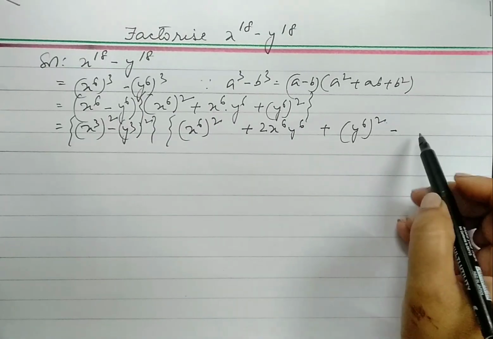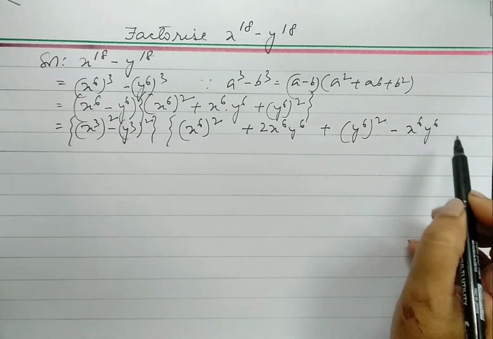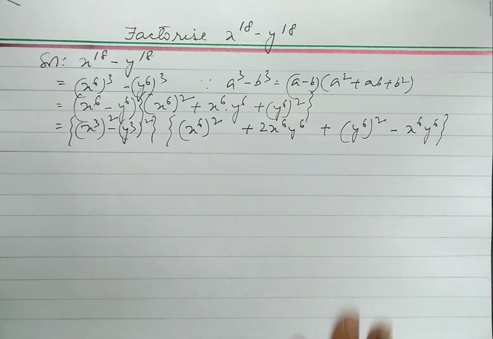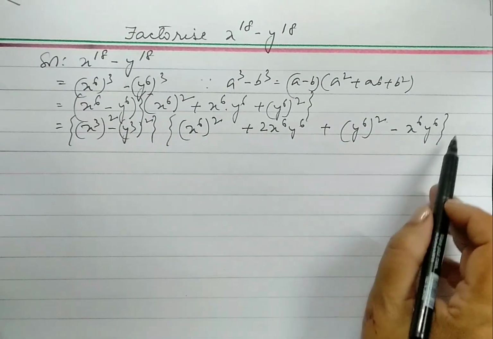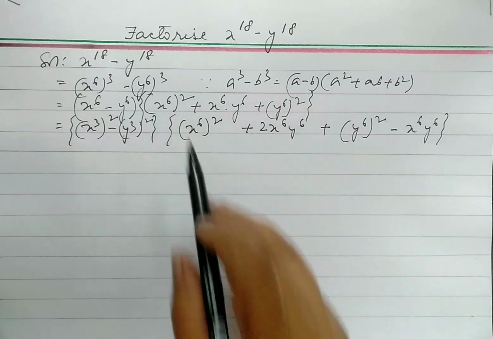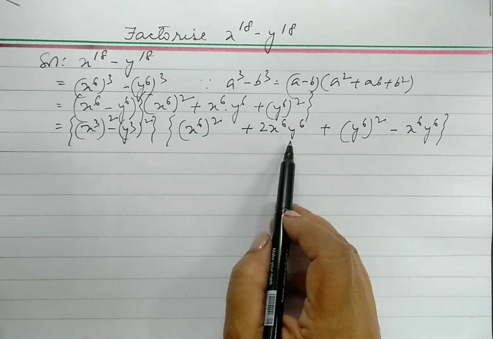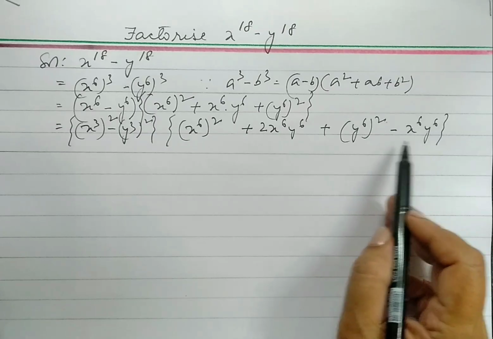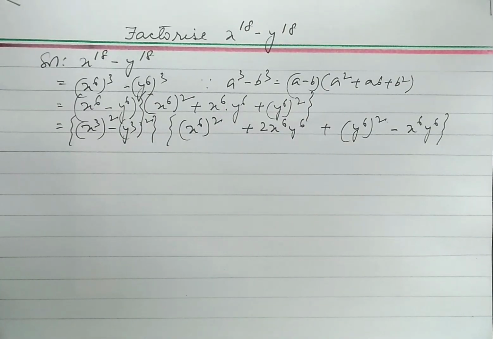So therefore we need to minus 1 times x6 and y6. Do you get it? Now it rationalizes the whole expression because this entire thing is equal to this. Since I made this 2 times, I subtracted 1 time so that it stands where it was.